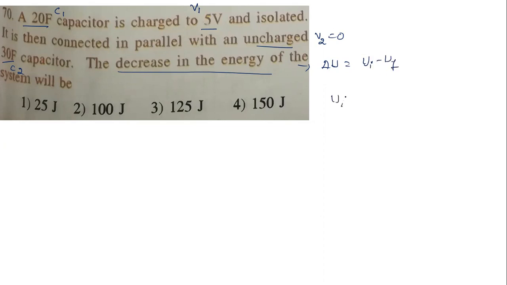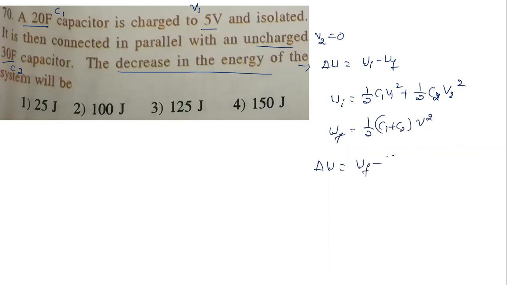U initial is 1 by 2 C1 V1 square plus 1 by 2 C2 V2 square. The final energy is 1 by 2 times C1 plus C2 into V square. Using this formula, find delta U. You get the answer 150 joule. Because this type of question we have done.